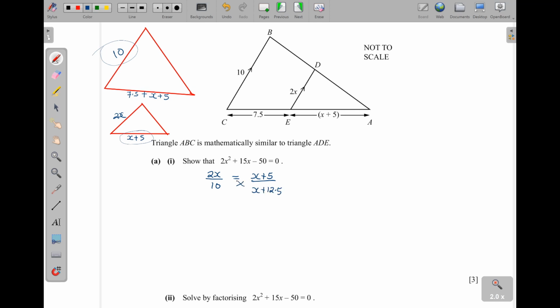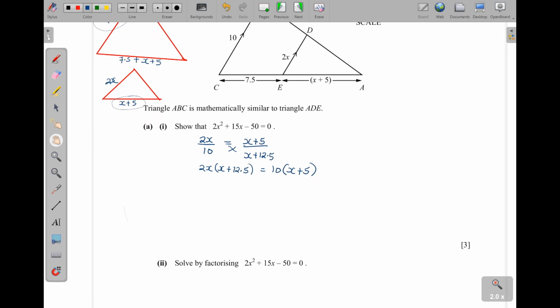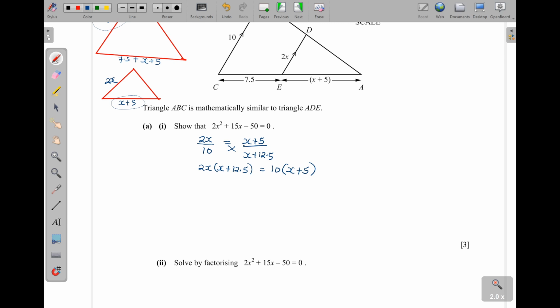Then we can cross multiply. So 2x times, we shall have 2x here times x plus 12.5. And then 10 times x plus 5. And then after that, open up the brackets. So this is 2x squared, then plus 2 times 12.5. That will give us a 25 of x, and then here we have 10x, then plus 50.